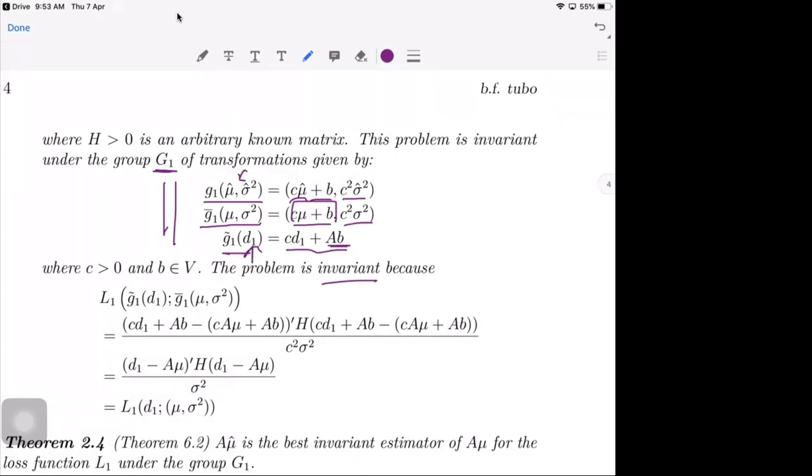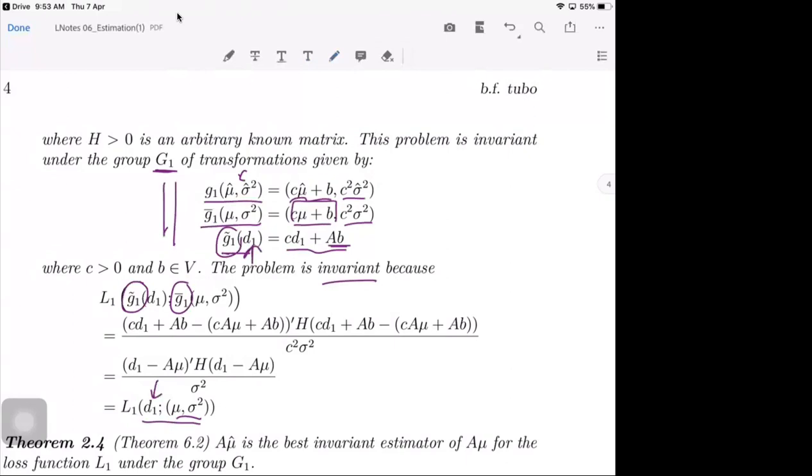Now, we say that it is invariant if we find the loss function of that transformation, sa imong action space sa G tilde o sa imuhang parameter space, the loss function will be equal to the original, no? As if nag-deal lang ka sa original D1 and imuhang parameter space mu sigma squared.